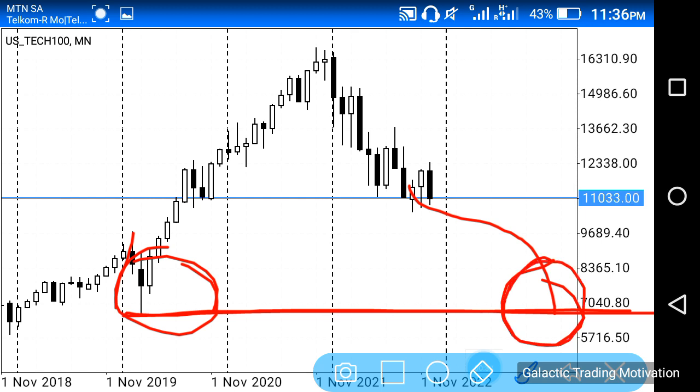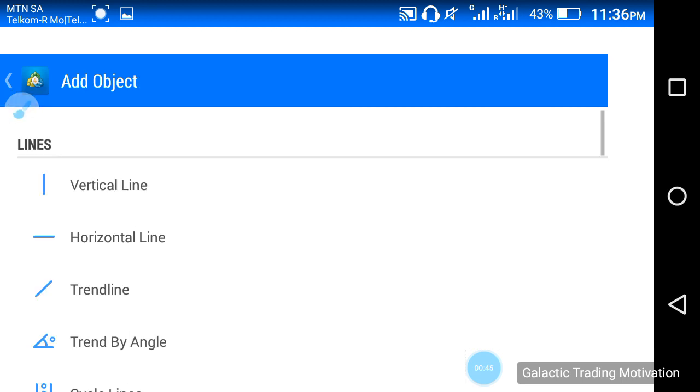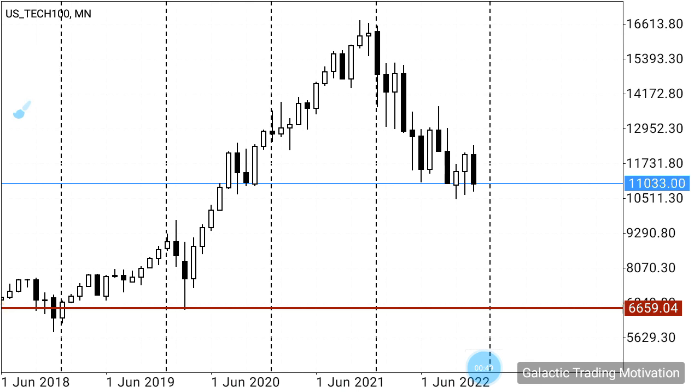Just also bear in mind that this particular move may take quite some years to actually unfold and unravel, right? But having said that, indeed the market at one point or another will come down to this level to grab that liquidity, right?